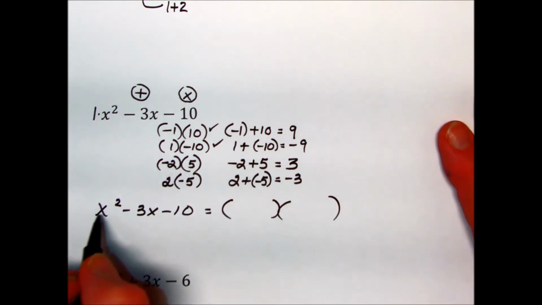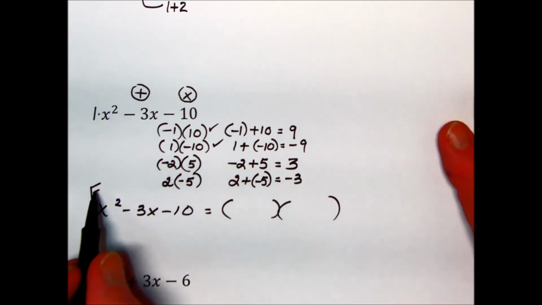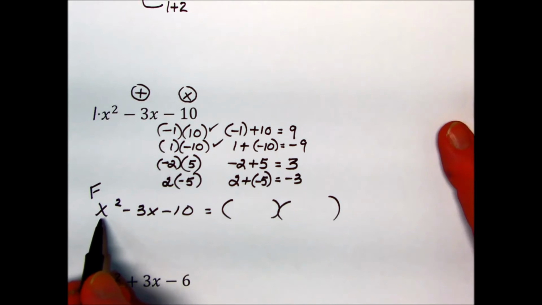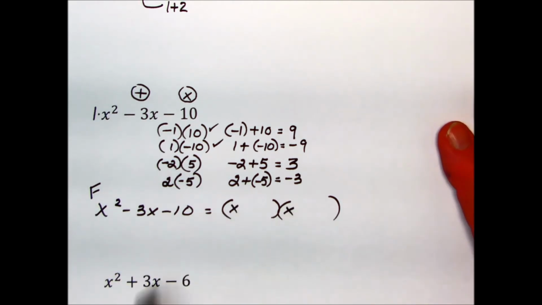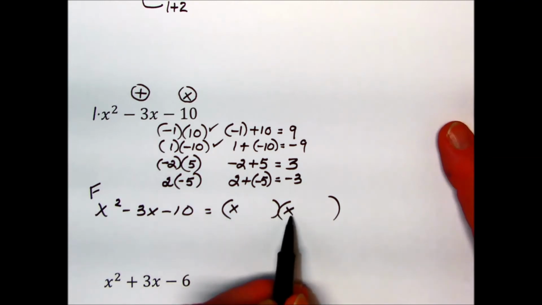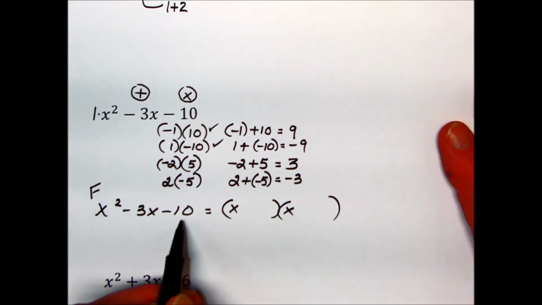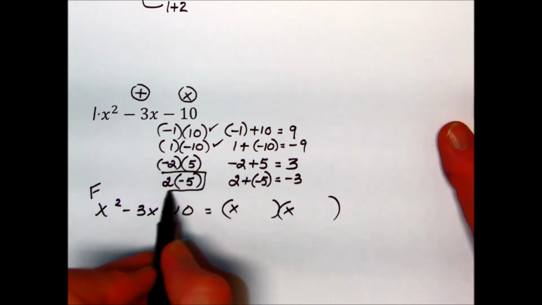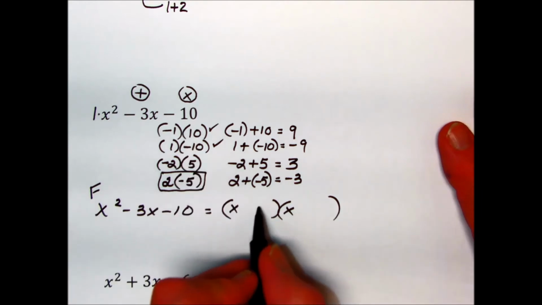This leading term is where the first two terms' product came from, which if we undo that, it must have been an x and an x. When multiplied, that gave us x squared. We just found the pair that when multiplied together gives us the negative 10.